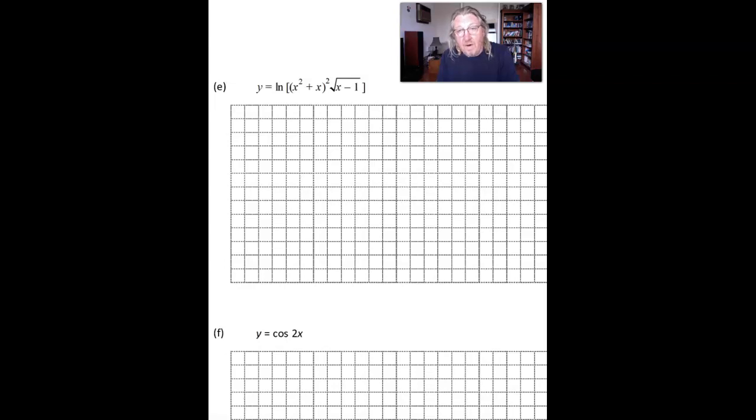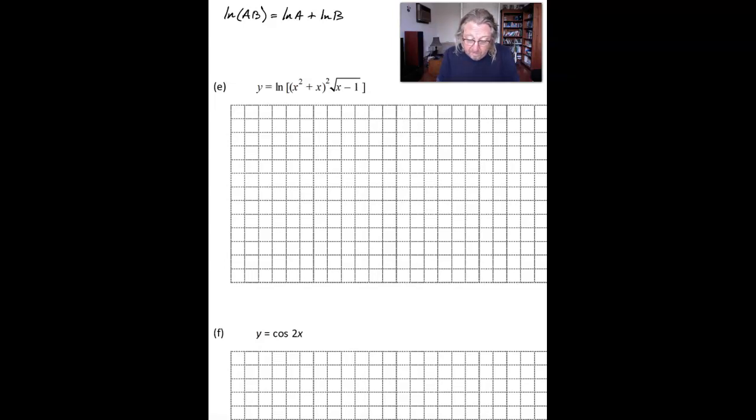If you got it right, fine, I marked it correct, but what you really want to do is simplify this using log laws. Now I'm going to use two log laws here. The log of A times B is the log of A plus the log of B. And in this particular problem, A is equal to this function, brackets x squared plus x all squared.